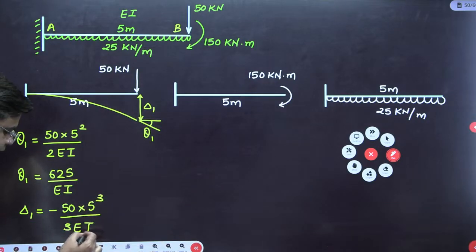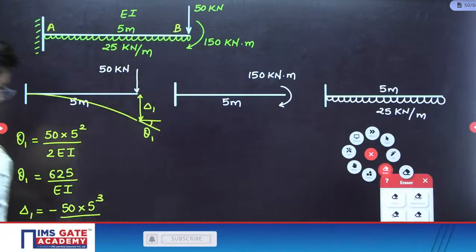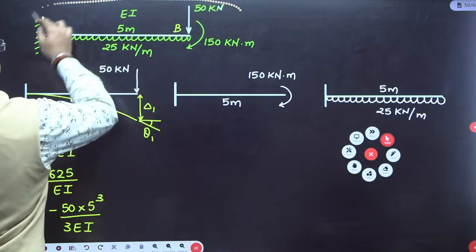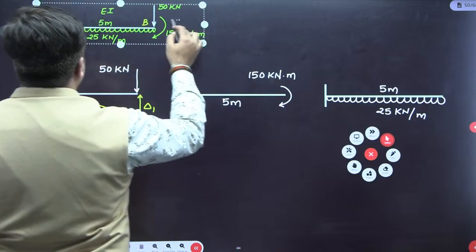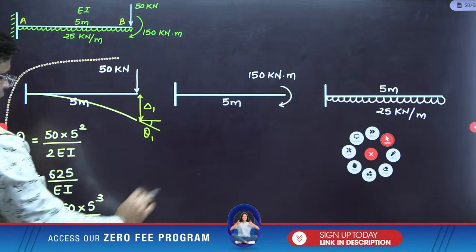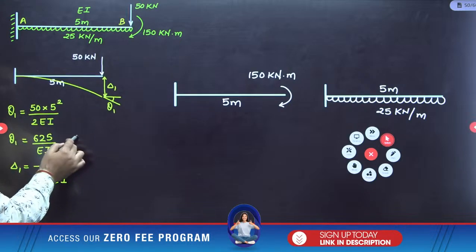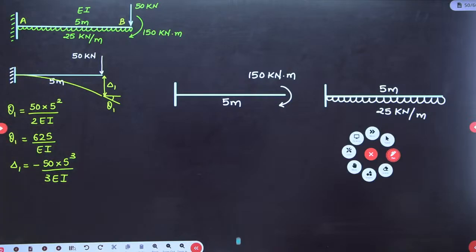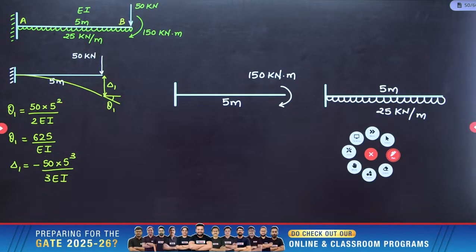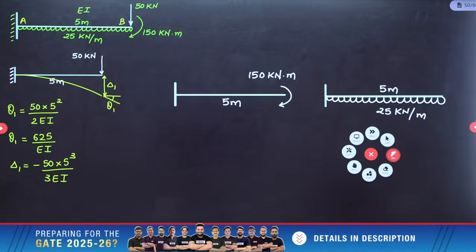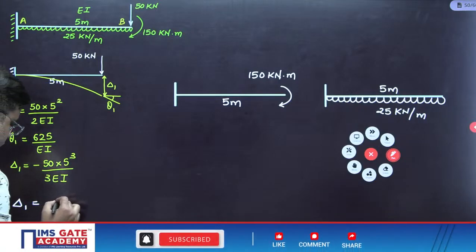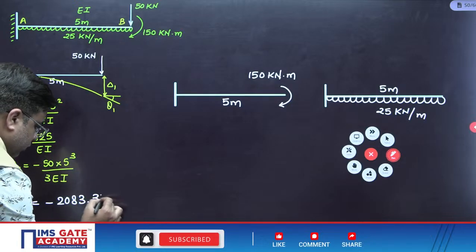Please calculate this and tell me the value of delta 1. So this is minus 2083.33 by EI.